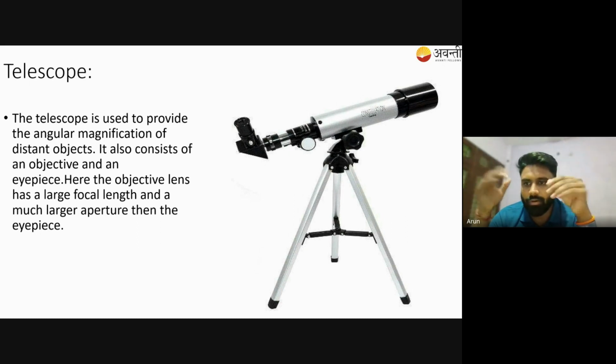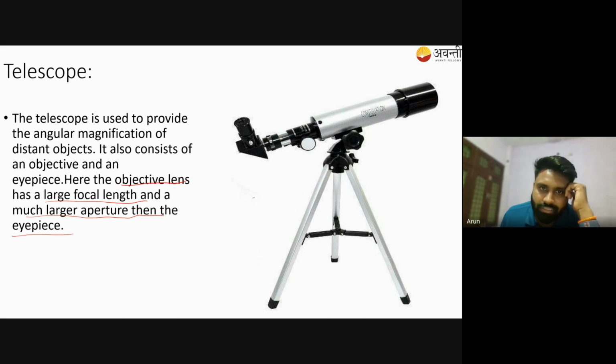The eyepiece has a low aperture, and the objective lens has a large focal length and a much larger aperture than the eyepiece.